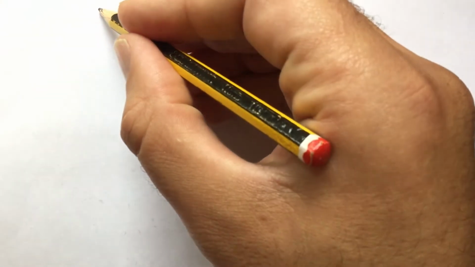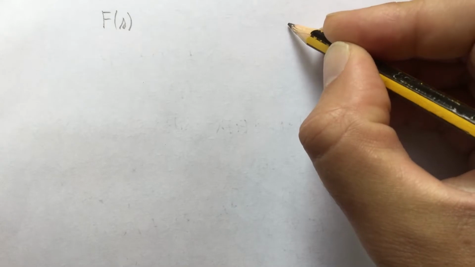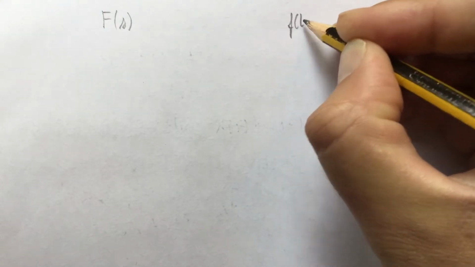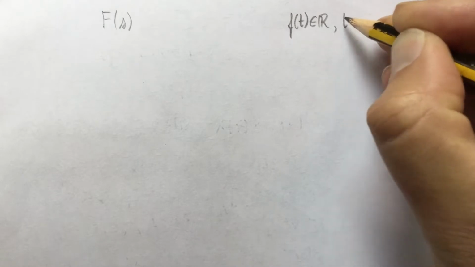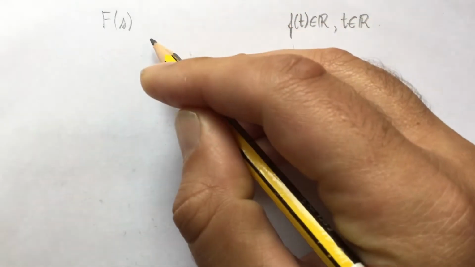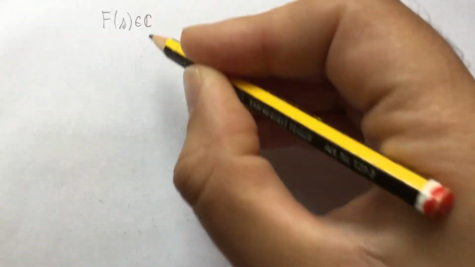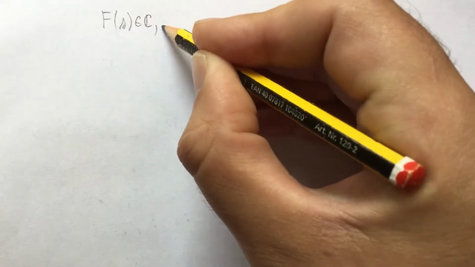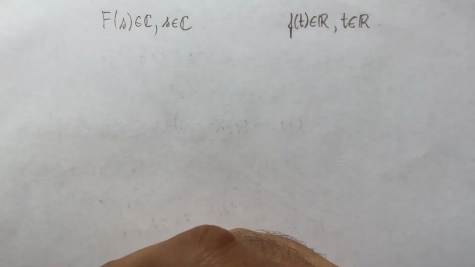Let us then recall what is the Laplace transform F of s of a real-valued function f of t, where t, too, is a real variable. This Laplace transform is complex valued, and s, the variable on which it depends, is also complex.